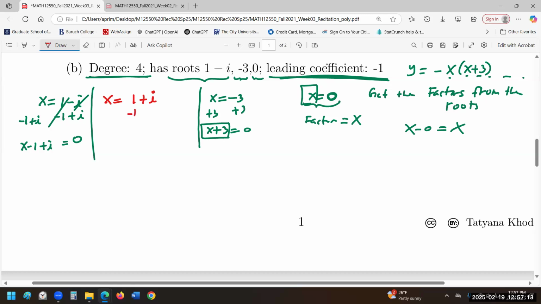That means we need to subtract 1 and subtract i here. Subtract 1, subtract i. So we get 0, and we have x minus 1 minus i. Now, this factor is okay, it's realistic. This factor is okay, it's realistic. But if you look at these two factors, x minus 1 plus i and x minus 1 minus i, they don't look realistic.